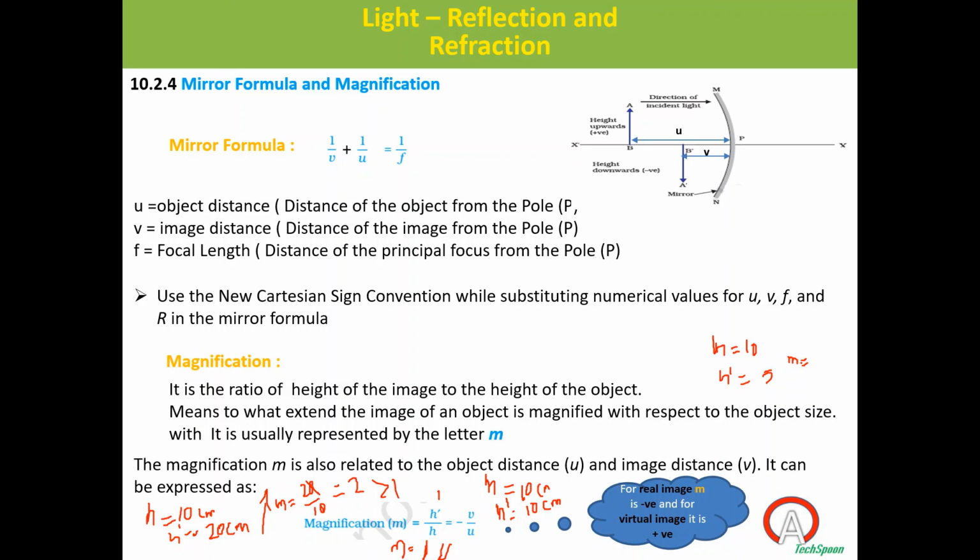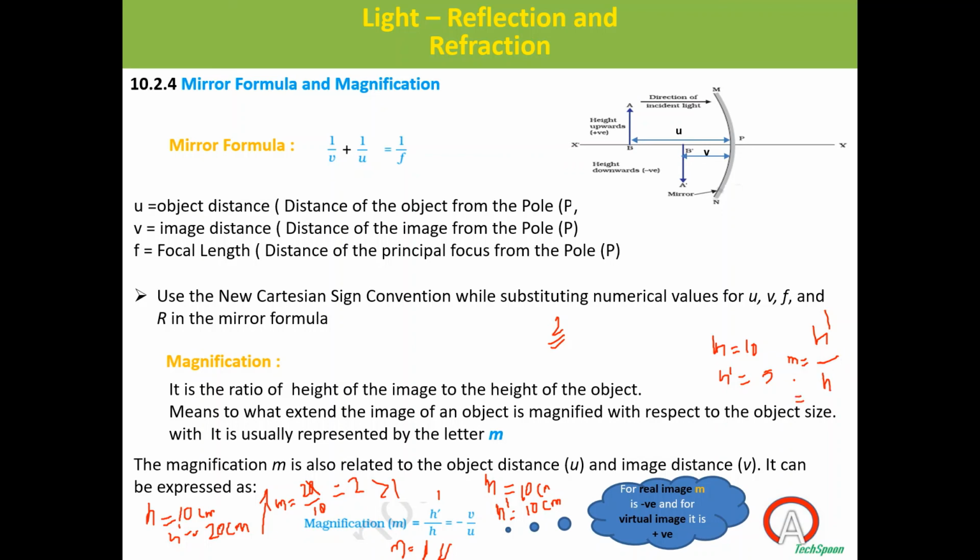What is the formula? You substitute the formula first. Don't simply say how you are getting 2. Tell me. H dash divided by h. Right? H dash divided by h.